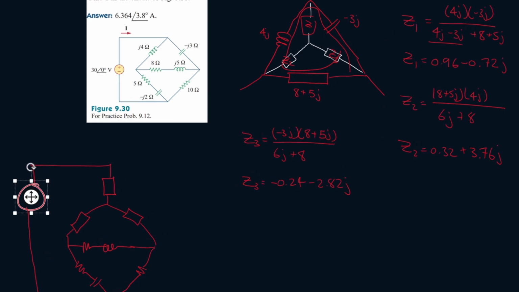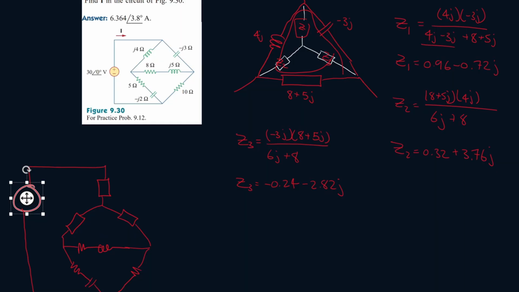This part is 0.96 minus 0.72j, this part was 0.32 plus 3.76j, and this part was minus 0.24 minus 2.82j.